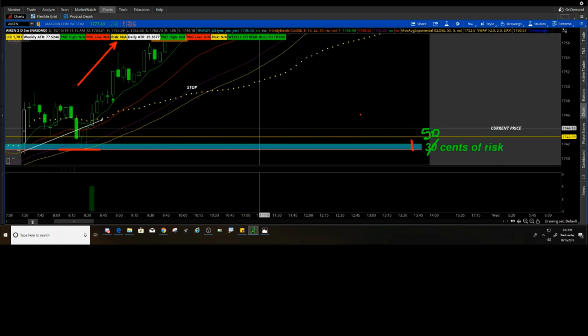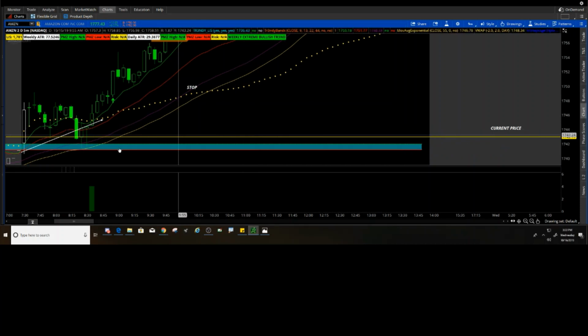So I'm already set up to understand how much I can lose before I actually take the trade. All right, so that's how we place our stops. Stops go underneath the PMZ, but typically I'm not right underneath it. I'm going to move it to whatever my risk tolerance is, okay?